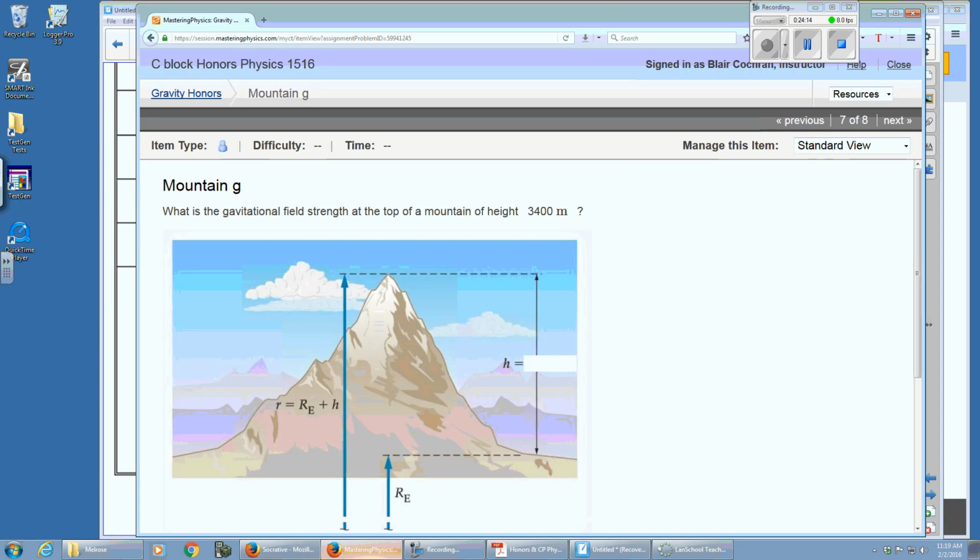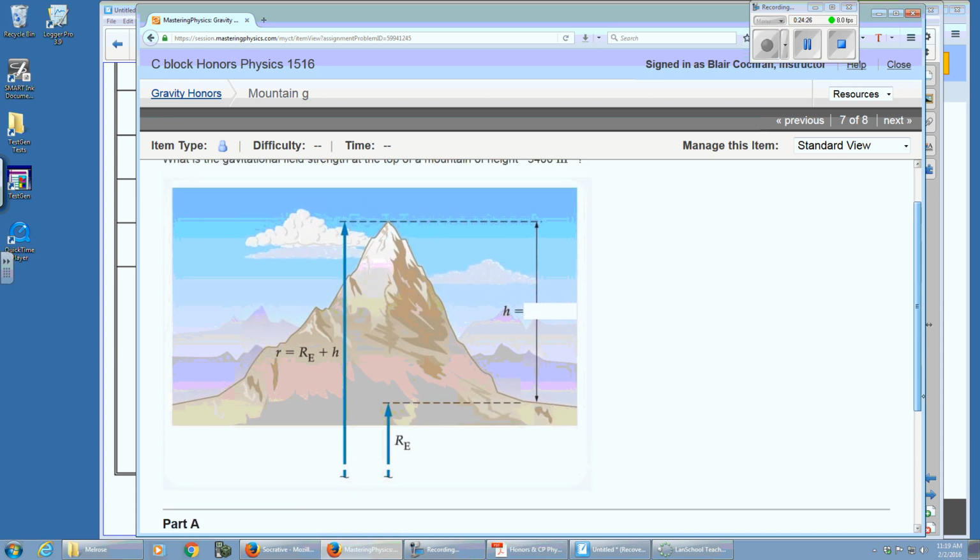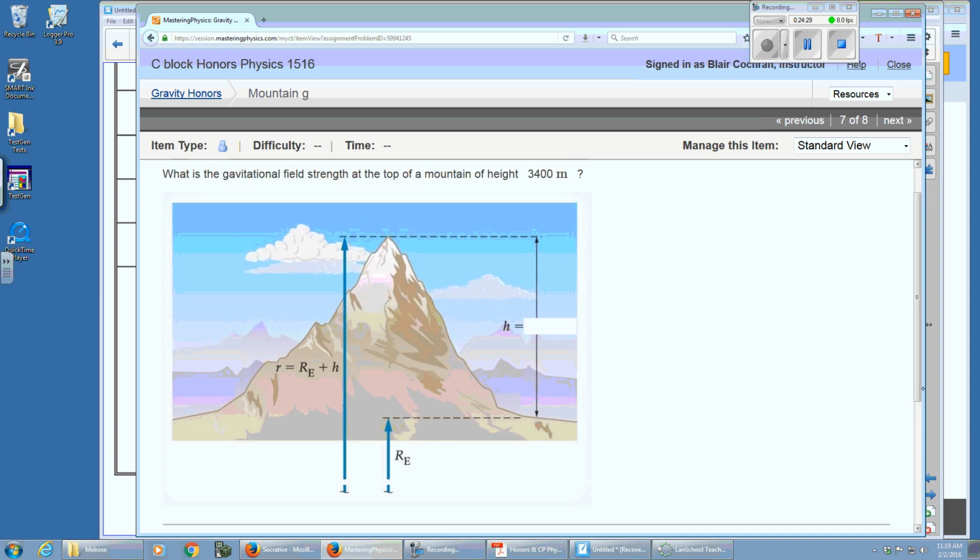I think that's similar to the drawing included here, right? Yep, they're showing that the radius of the Earth goes up to the bottom of the mountain, and then this height is measured from the surface of the Earth to the top of the mountain. So mine's 3,400 meters.